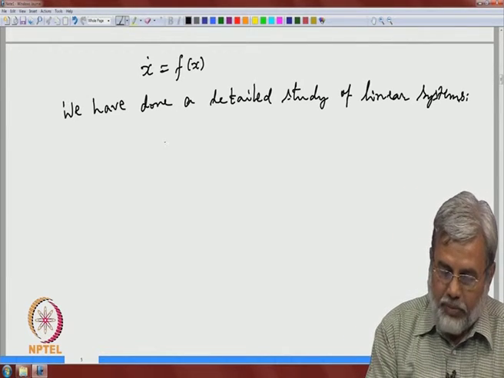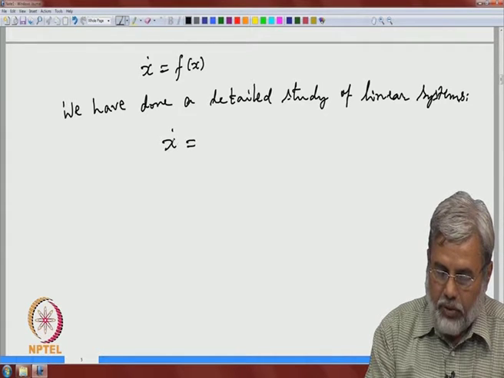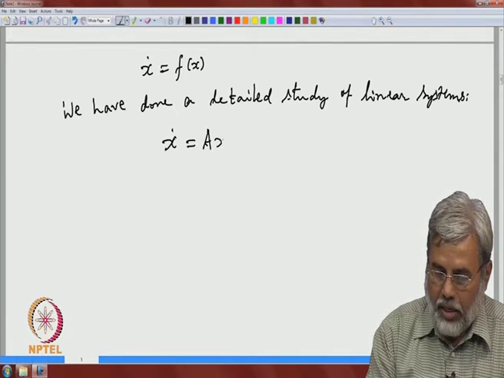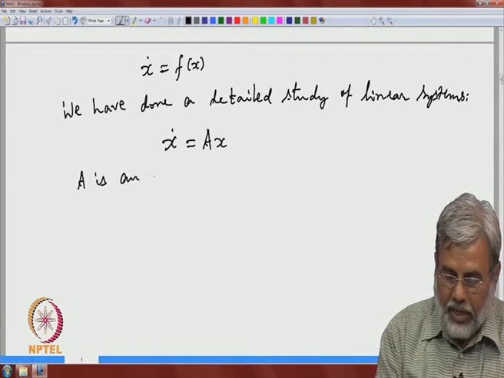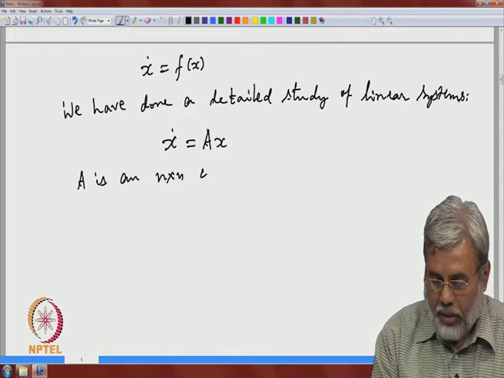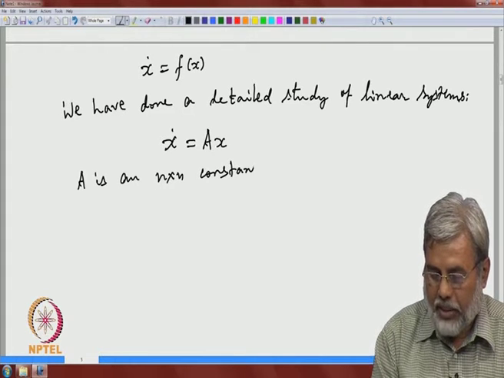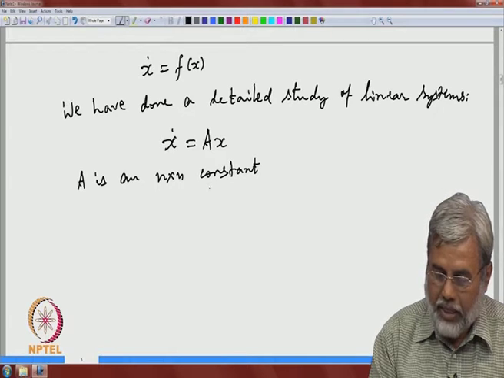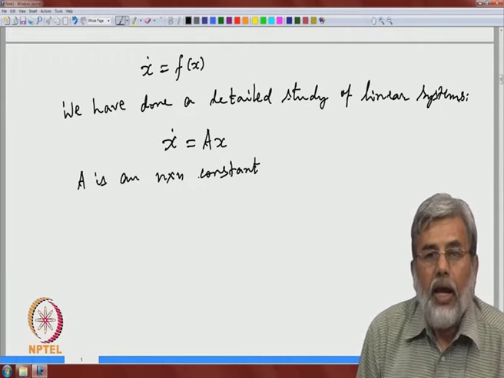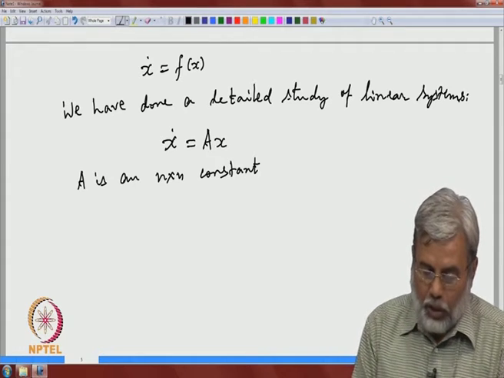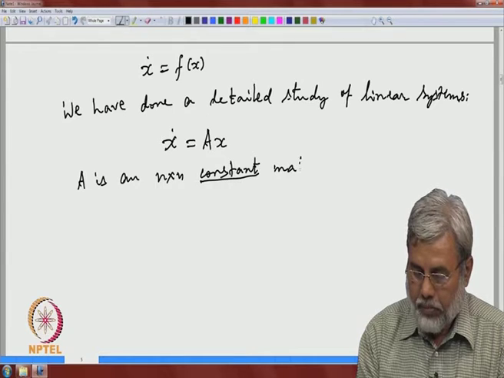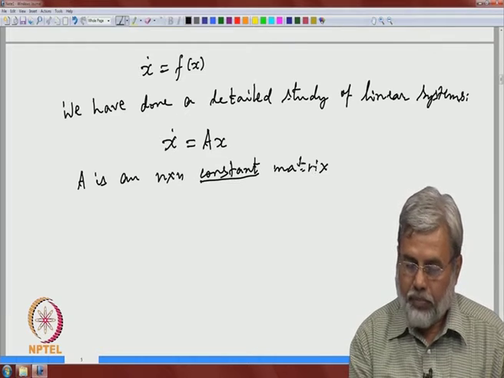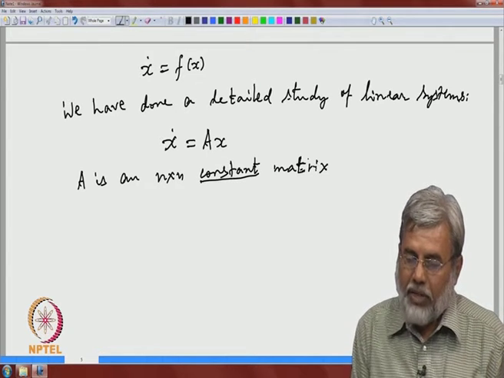So, f of x is a special thing here, A x, where A is an n by n constant matrix. Okay. So, its entries do not depend on t, because we want an autonomous system, constant matrix. Okay. Let me just recall what we have done there.